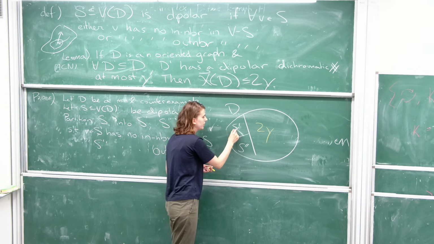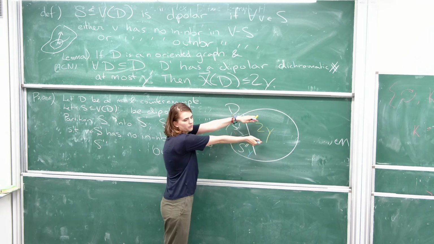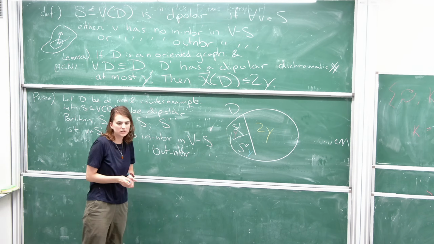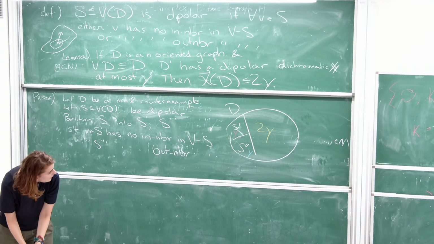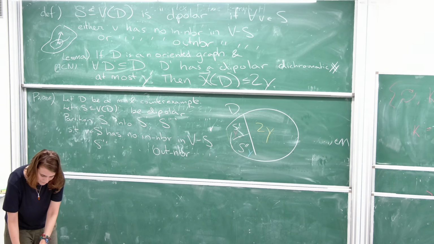One set of gamma colors for this, and one set of gamma colors for that. So we partition the 2 gamma colors into two palettes, and that is already a dicoloring.